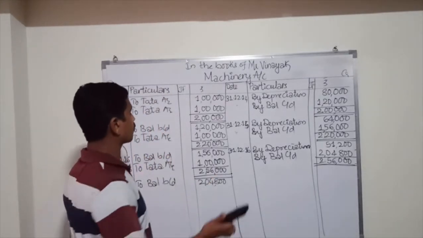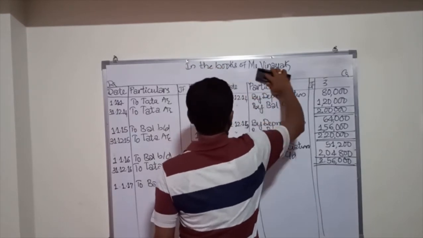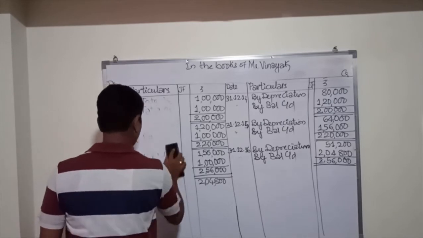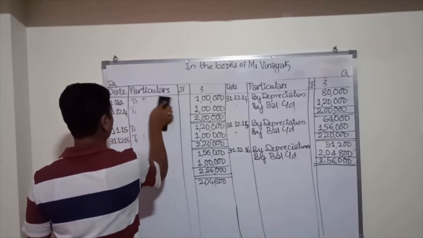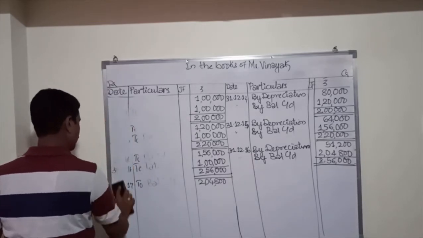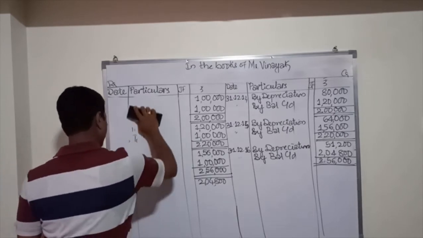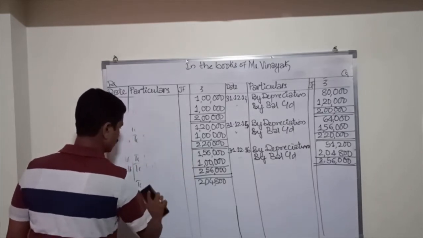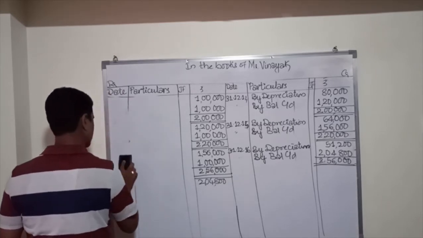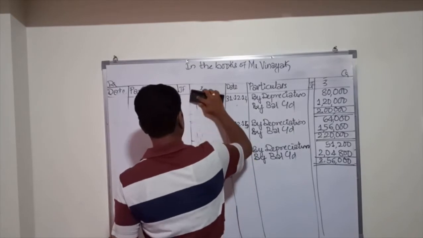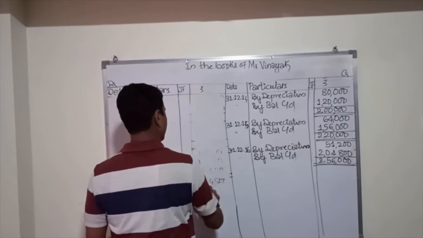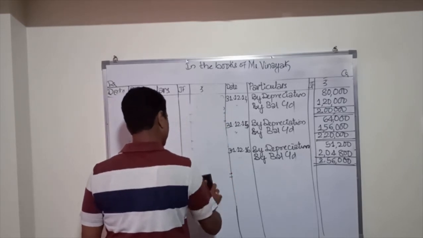So the next thing we need to prepare is the hire vendor's account here. That is Tata company here. So again the Tata Company Limited account is nothing but a preparation of a personal account here. Let me rub this here.